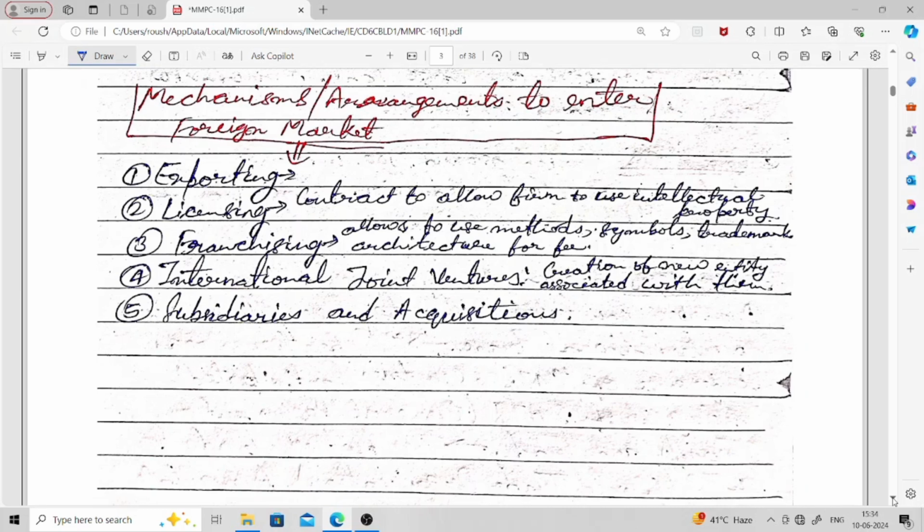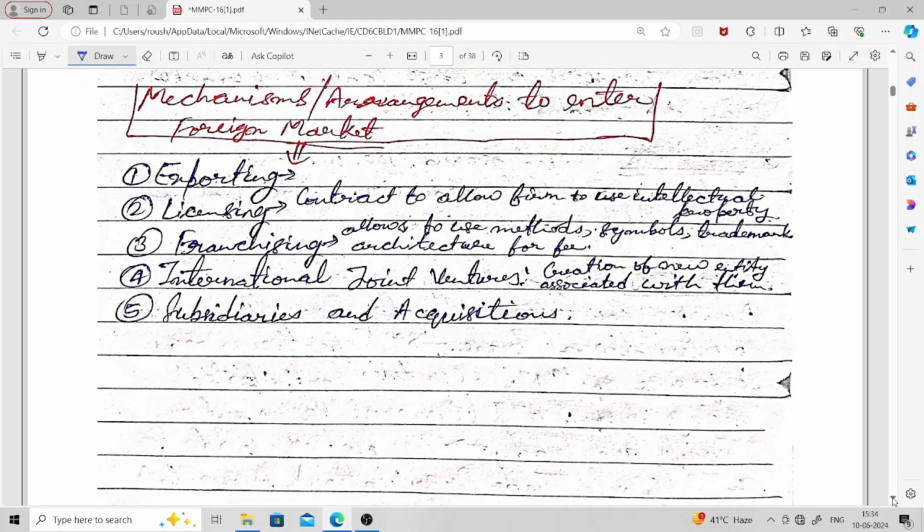Then you have franchising. Franchising allows the use of methods, symbols, trademark, and architecture for a fee. So there also, for a fee, a company allows its methods, symbols, trademark and architecture to be used by another company in the foreign market.